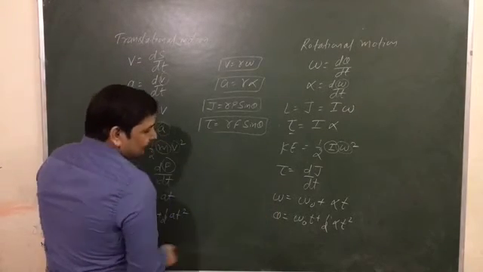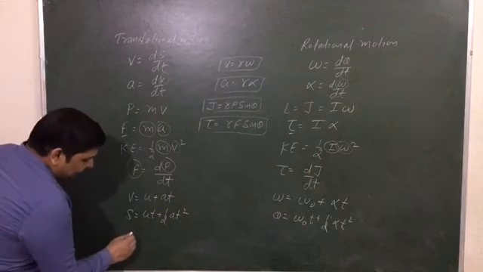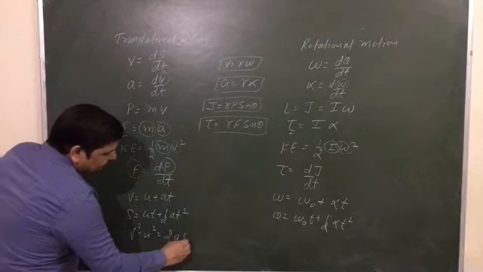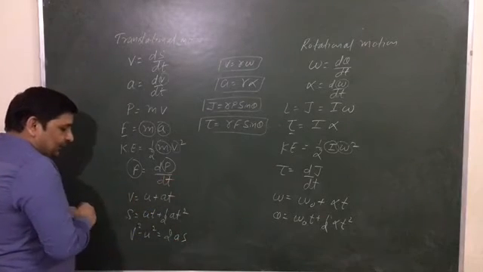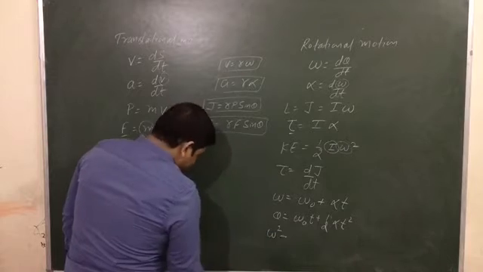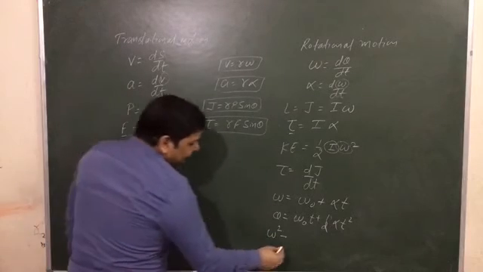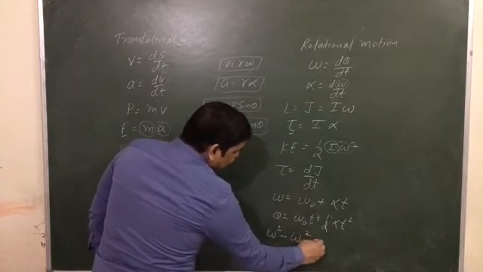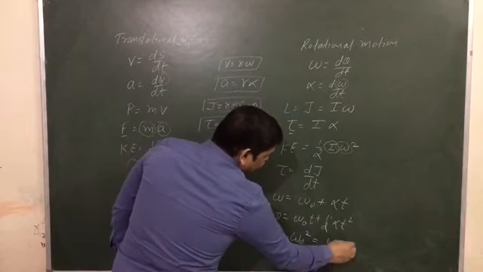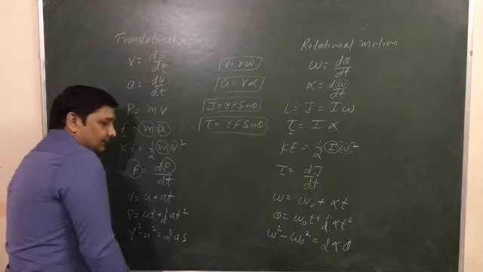The third equation: V square minus u square is 2as, but in rotational motion, V is replaced by omega, u is replaced by omega naught, and 2as becomes 2 alpha into theta.